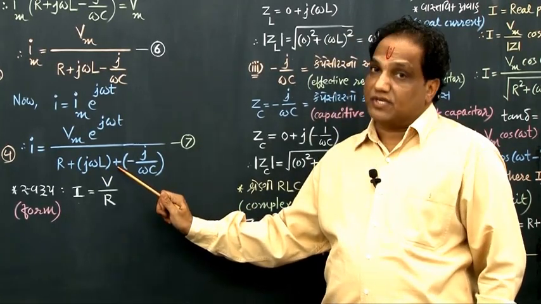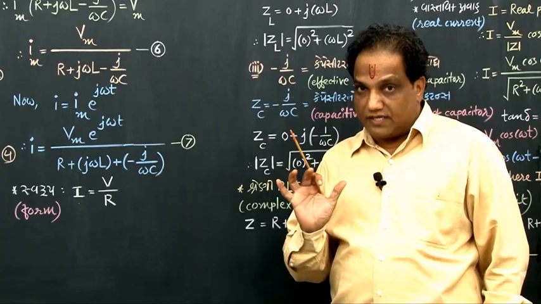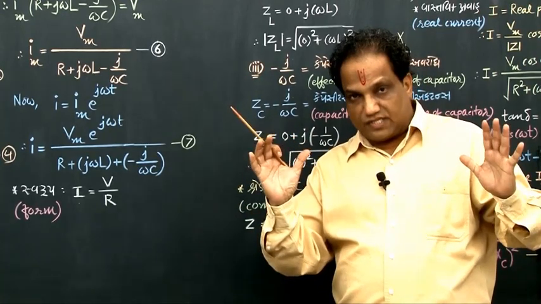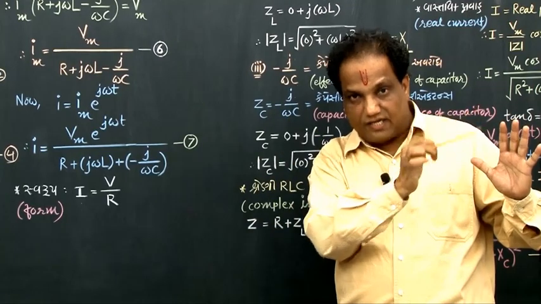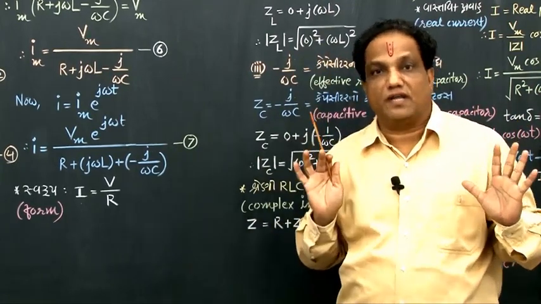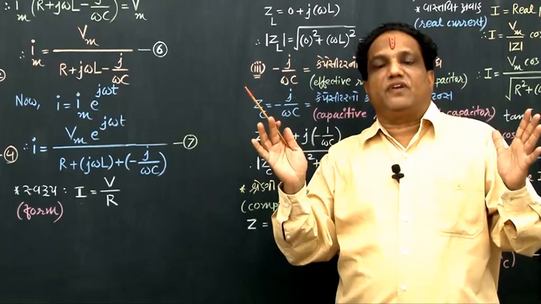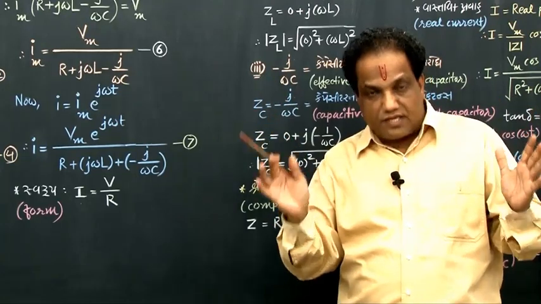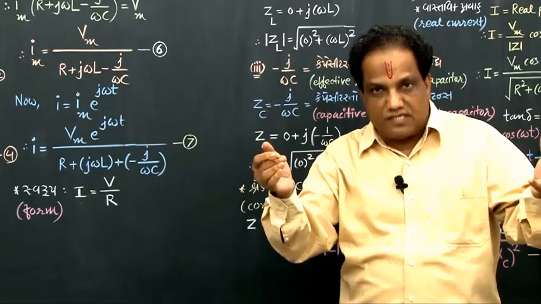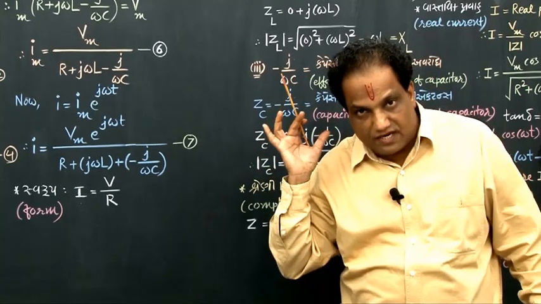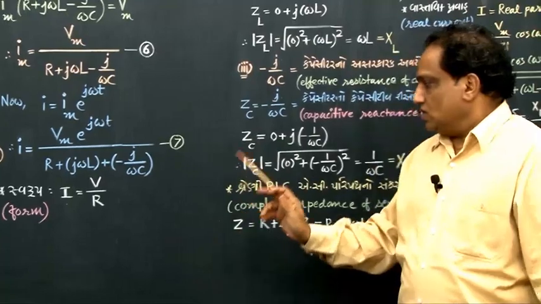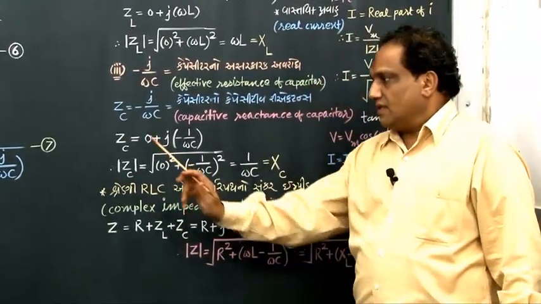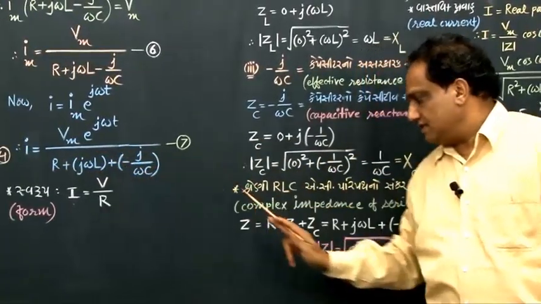And if you make the addition, then you will get the effective resistance offered by the whole series RLC AC circuit to the flow of alternating current. Such an effective resistance is known as the complex impedance of the given circuit, shown by the symbol capital Z. So in this whole addition, this is R as it is.